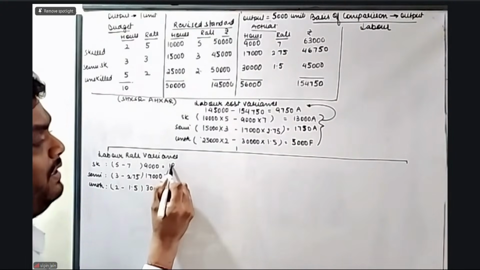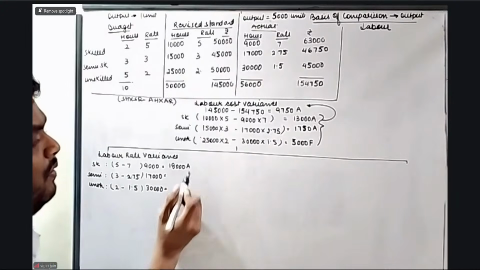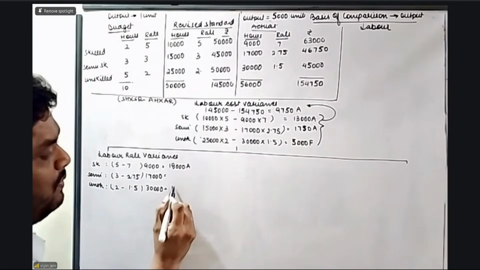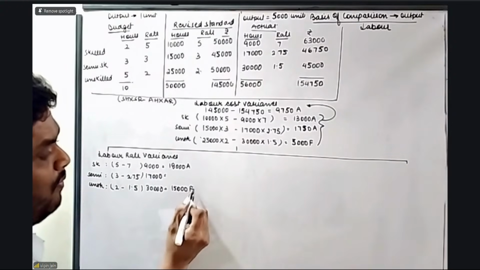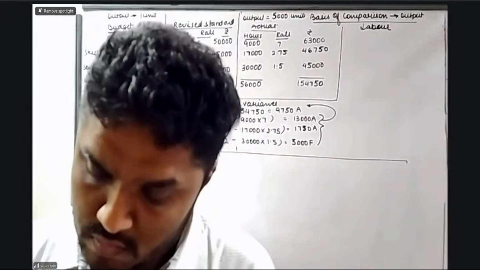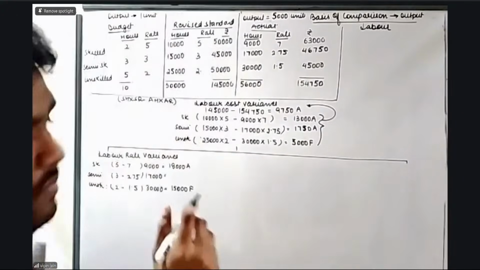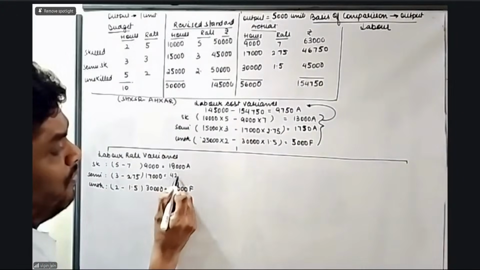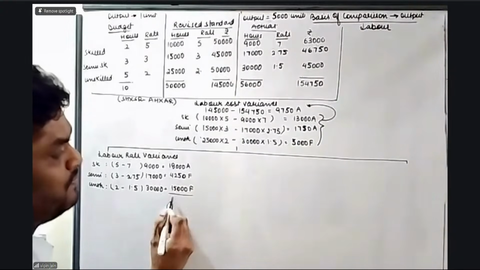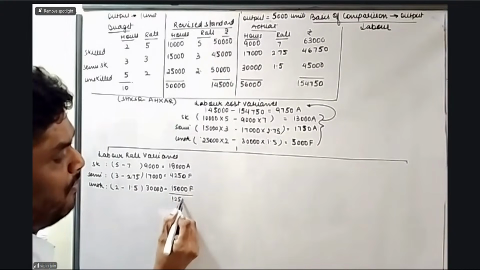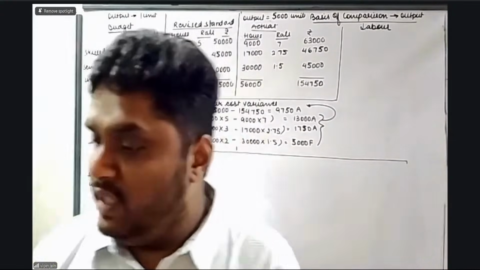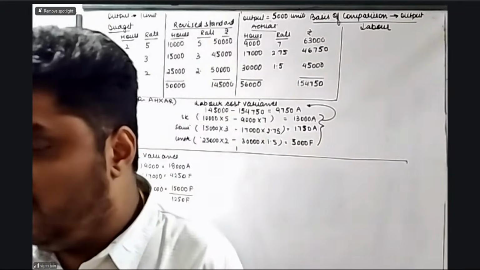So it will be 18,000 adverse. This will be 4,250 favorable. Anyone with any doubts or queries? Very good, Nikunj. Very good, Tanmay.